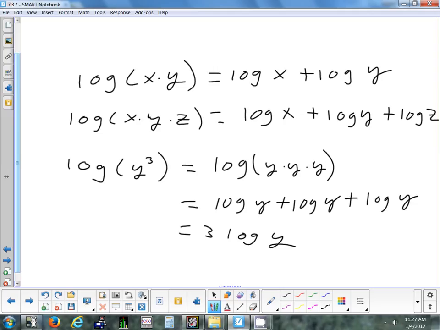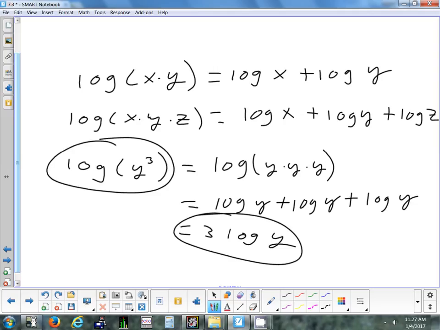So the shortcut, if you look at what you started with, look at what you ended with. Does anybody see a shortcut to just go right from this step to that step just by moving something? Yeah, that's the third rule. Take the exponent and put it in front. Why does it work? Because of what I just showed you.